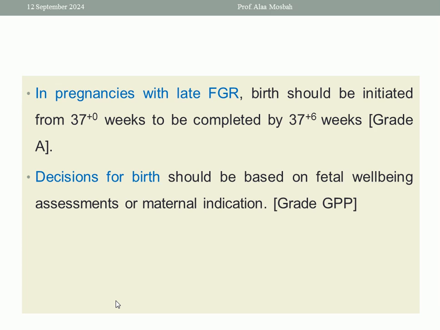In pregnancies with late fetal growth restriction, birth should be initiated from 37 weeks to be completed by 37 weeks plus 6 days. The decision for birth should be based on fetal well-being assessment or maternal indication.